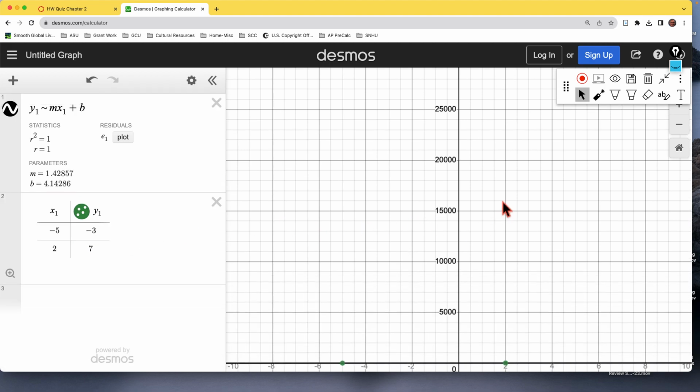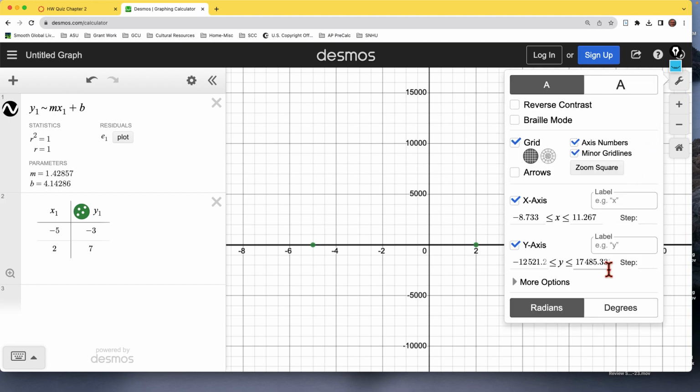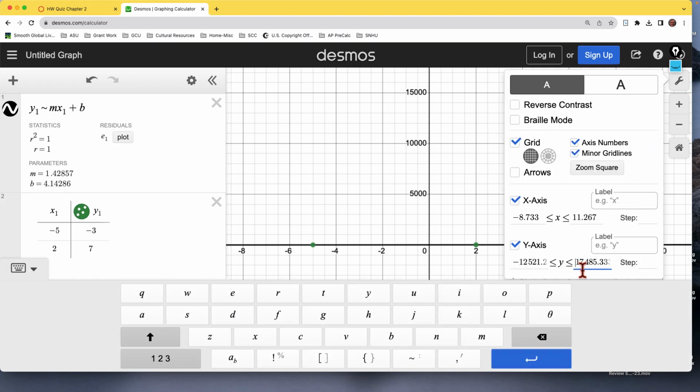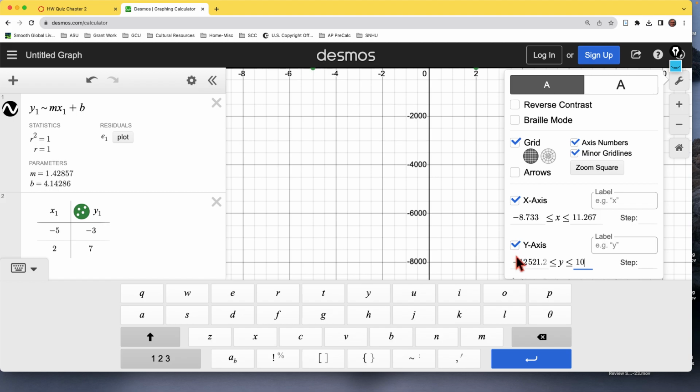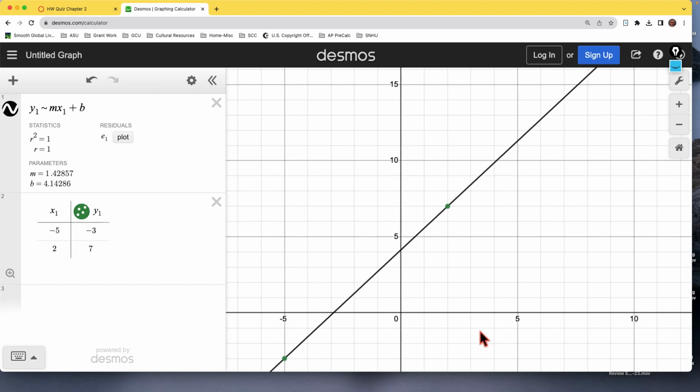Now I don't see the points, but if I come down here and reset my window, because I'm way up at 17,000, let's go down to 10, minus 10, to 7. Oh, here it is, -5, -3.